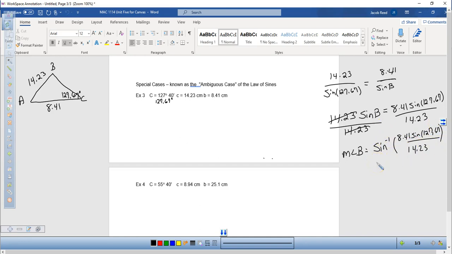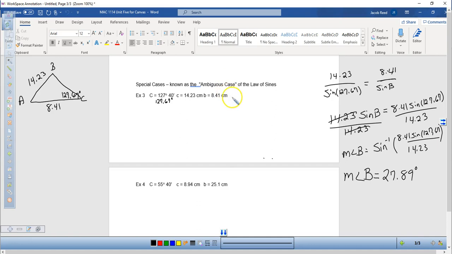So I'm going to type that in my calculator now. Sine inverse of 8.41 sine 127.67 divided by 14.23. And I get that the measure of angle B is 27.89 degrees.